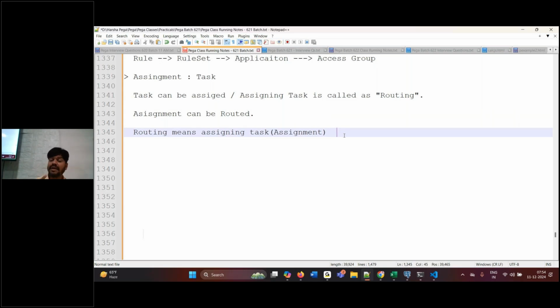So an assignment task can be assigned in two ways. One approach is routing the task to a dedicated operator. The other is routing the task into a common basket. In our example, the WhatsApp group window is the common basket.